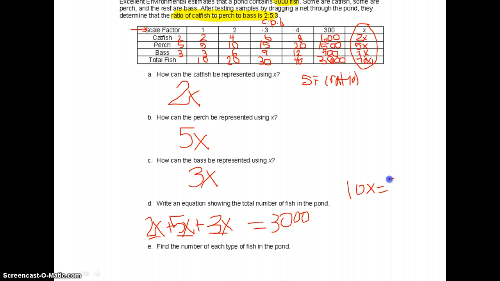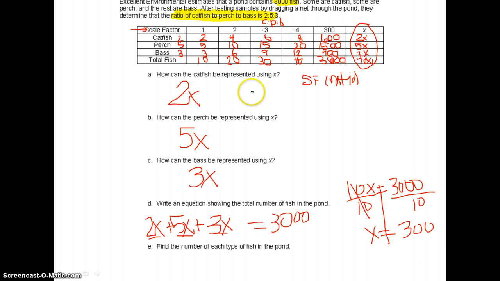And that's going to equal 3,000. Now I have to solve to get x by itself. So I'm going to divide by 10. And so x equals 300.